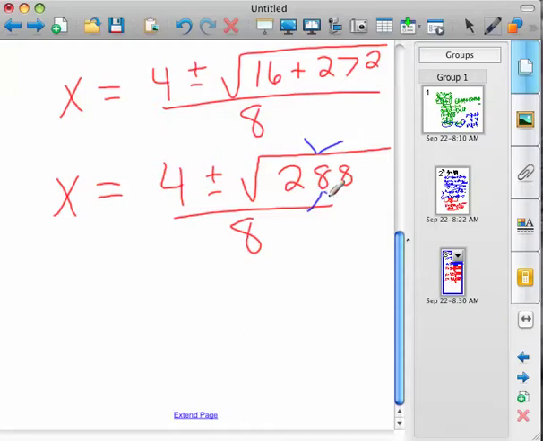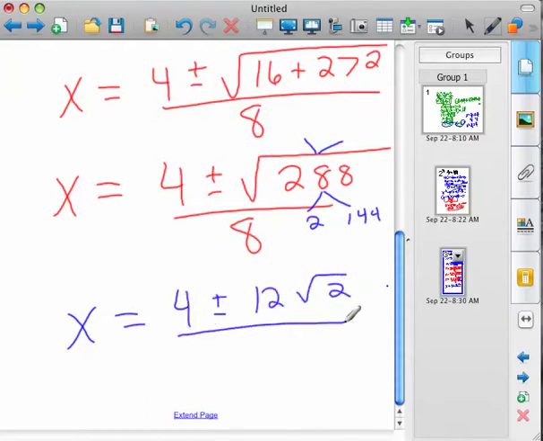So I'm going to factor tree that thing. 2 and 288 would be 2 and 144. And here's the nice thing about this one. We know the root of 144. That's 12. So I know this is x equals 4 plus or minus 12 root 2 over 8.